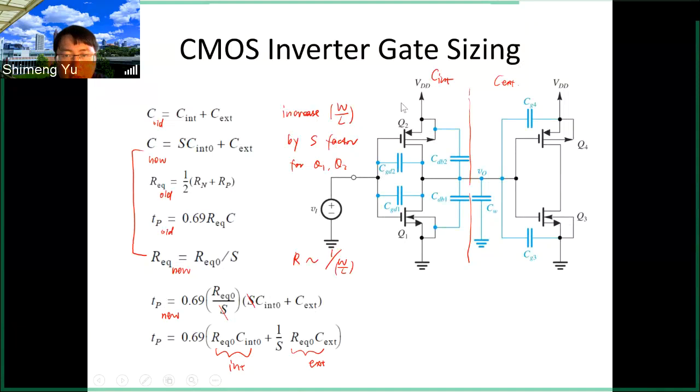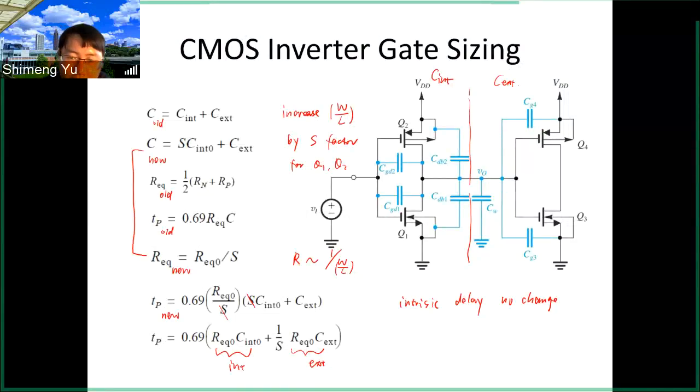When you increase the size of the inverter by itself, the intrinsic part of the delay has no change. Why? Because the capacitance increased by S and the resistance decreased by S, so they cancel each other. Intrinsic delay, no change.